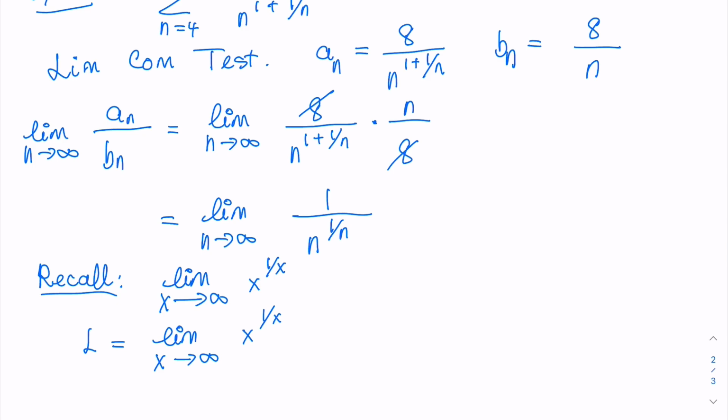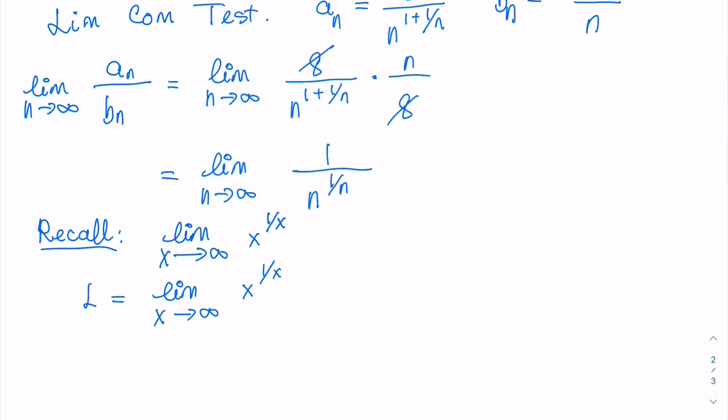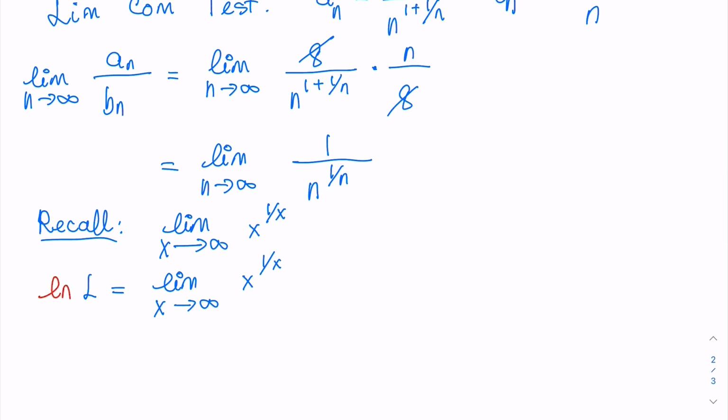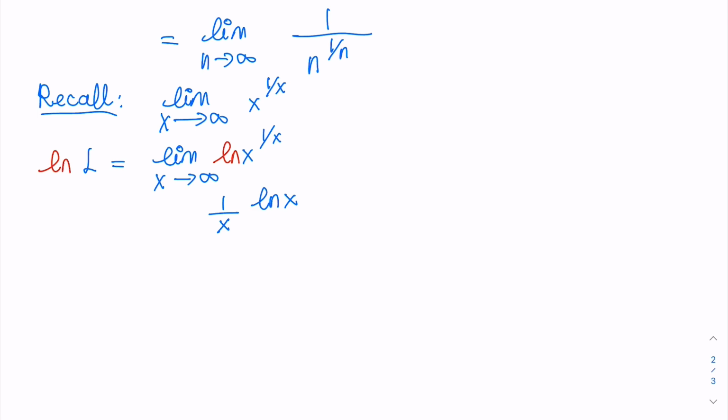The reason I have to take care of the L right here is because we're going to have to apply ln to it. So I can bring down the 1 over x right here. So I'm going to do ln. Here I'm going to take the limit as x goes to infinity of ln x over x.